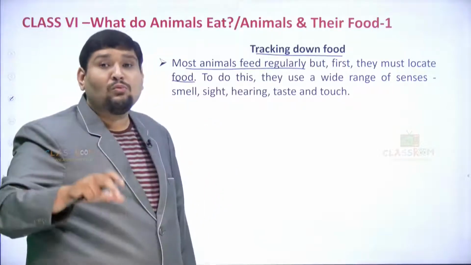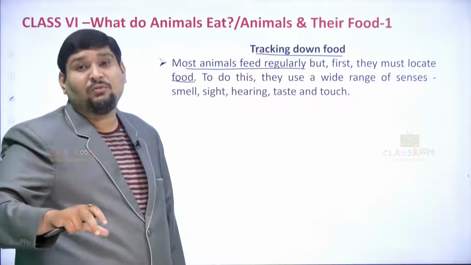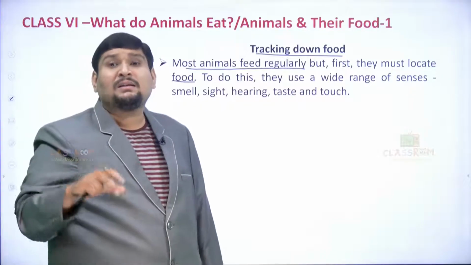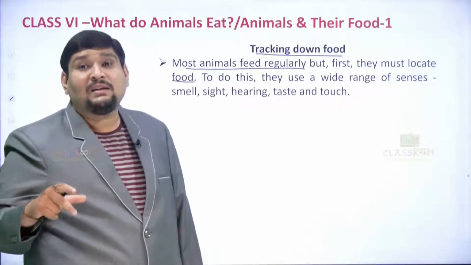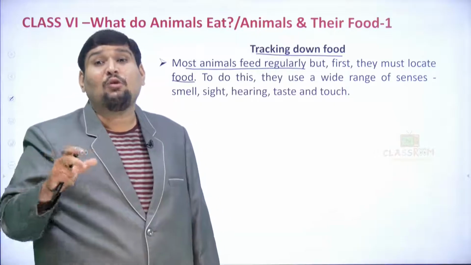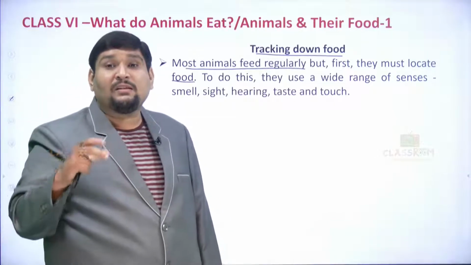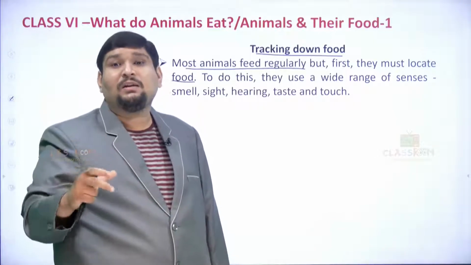First they should know the location of food. That's the reason you can find animals like lion, tiger and cheetah mostly staying in forests, because they know their food is available in the forest itself.